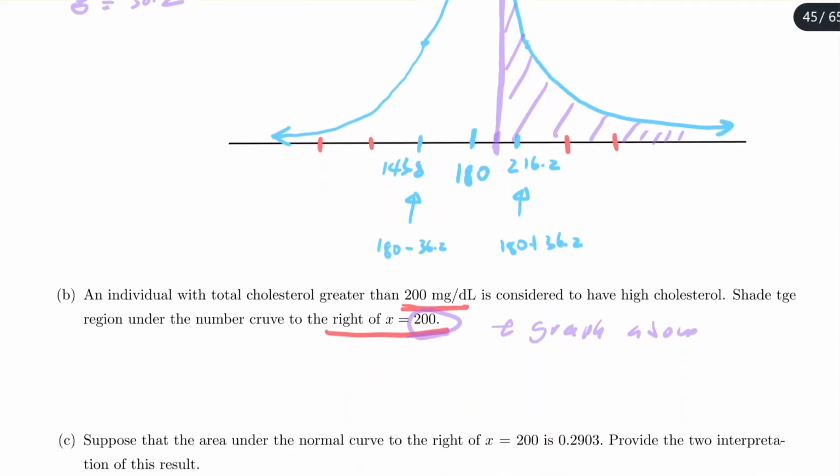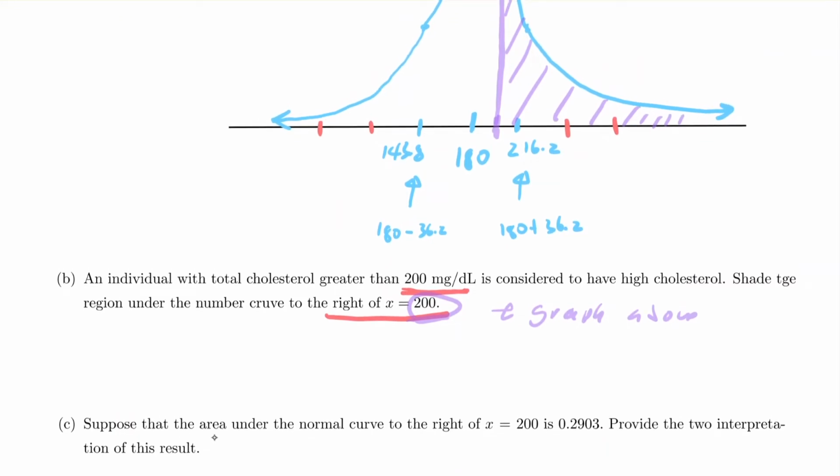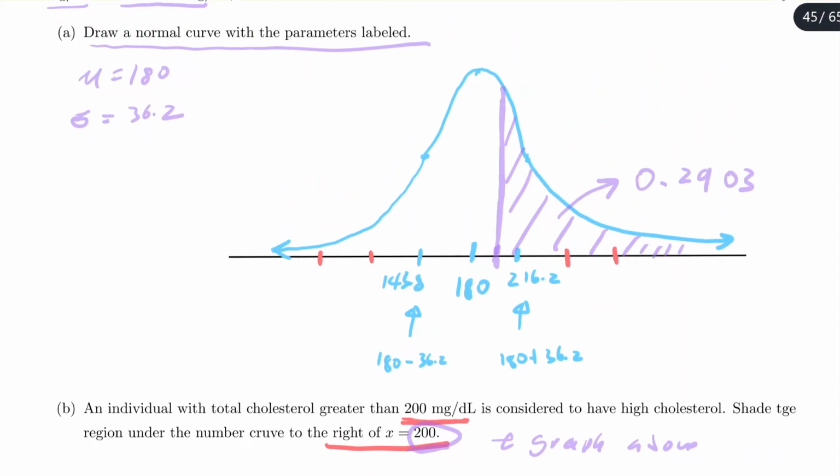Okay. So from the same context, suppose that the area under the normal curve right of 200 is 0.2903. We will learn how to find this area later. First, we're trying to focus on how to interpret the result. Provide the two interpretations of this result. So what does this number mean?